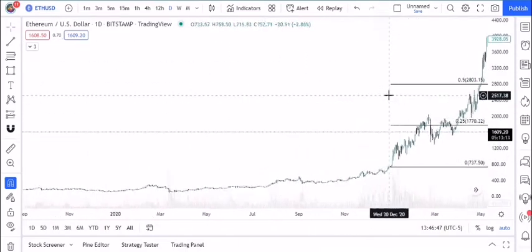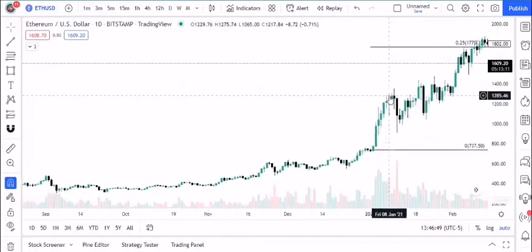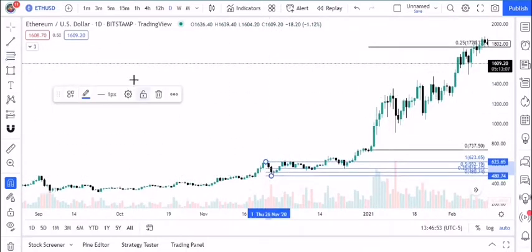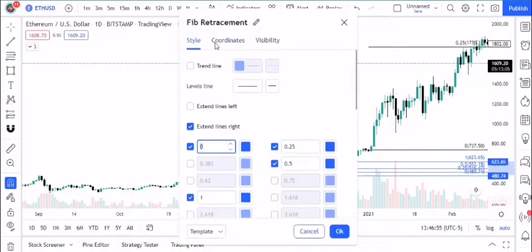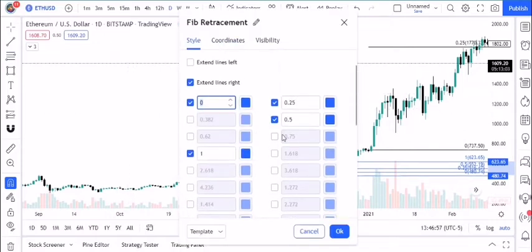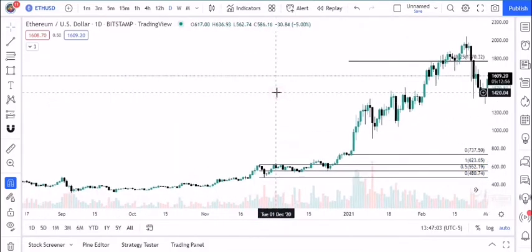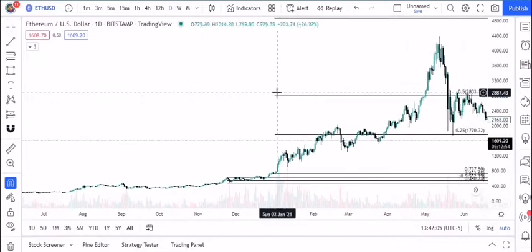So I take this daily range as the base of that huge move to the upside, and I make it black as well. So this is the base of that huge move to the upside.